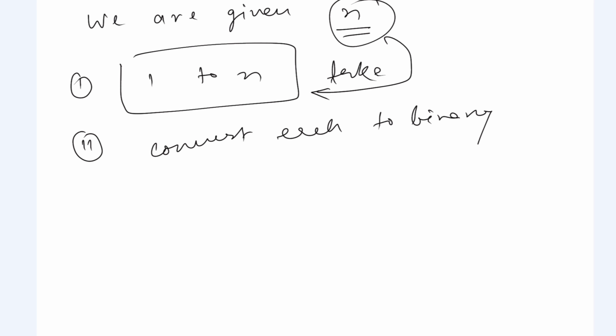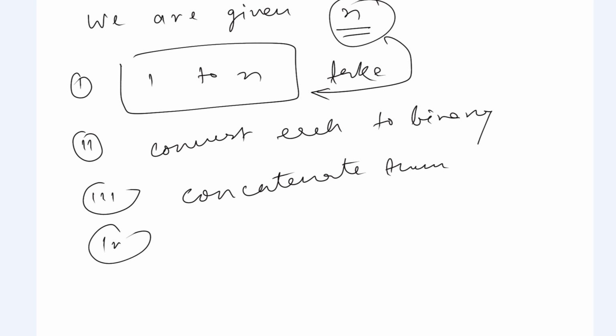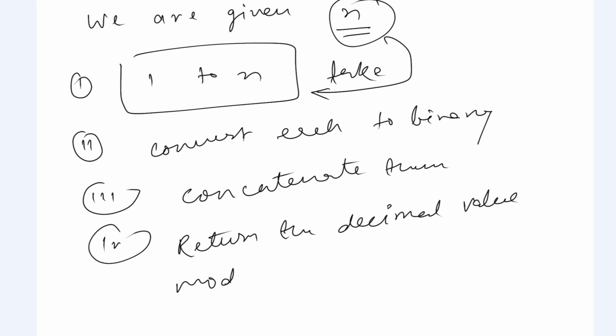This is what the question is saying. Then we concatenate them back together, and then we have to return the decimal value modulo 10 to the power 9 plus 7.